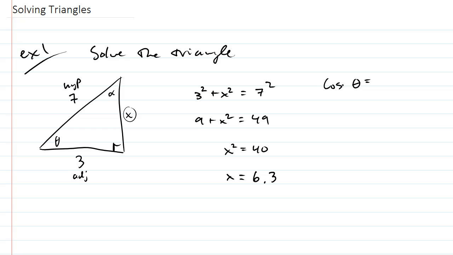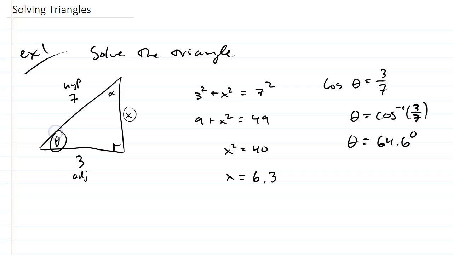Cosine is adjacent over hypotenuse, which would be 3 over 7. So to go backwards and get the angle, I need to do cosine inverse of 3/7. I'm getting an angle of 64.6 degrees.